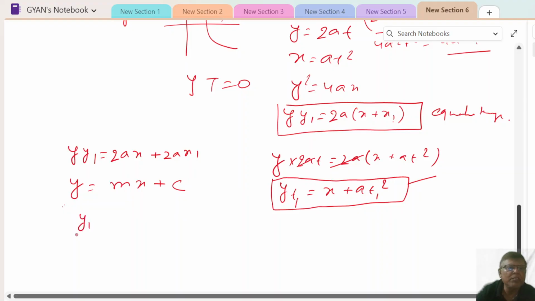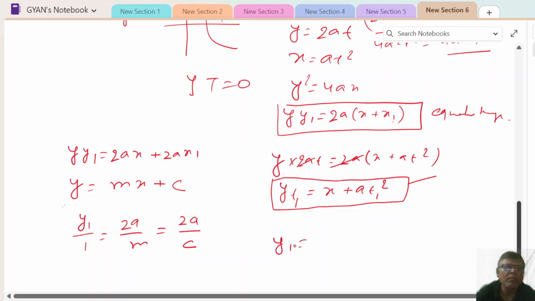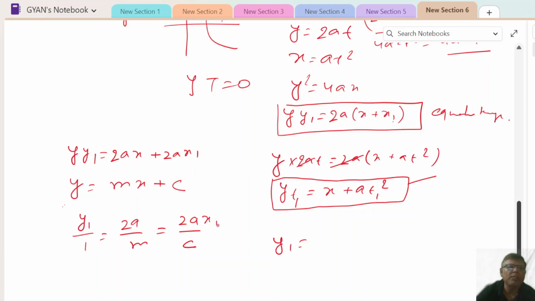So y1 divided by 1 is equal to 2a divided by m is equal to 2a x1 divided by c.